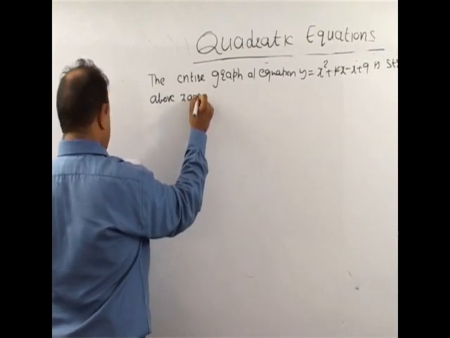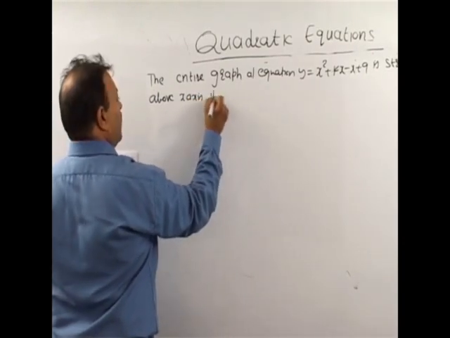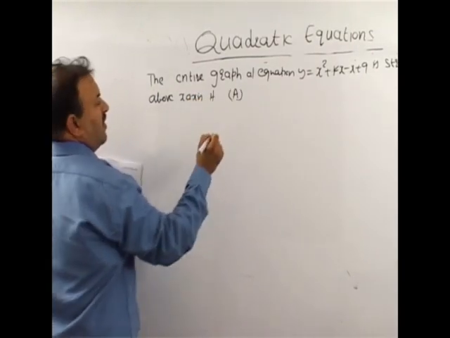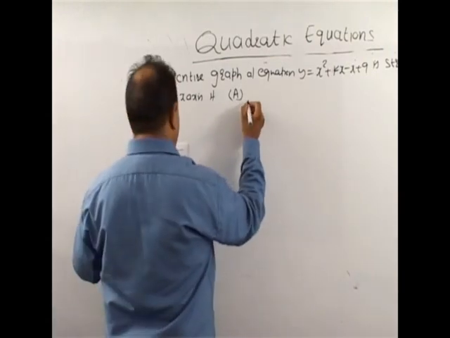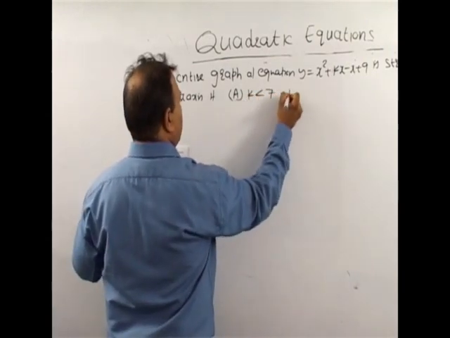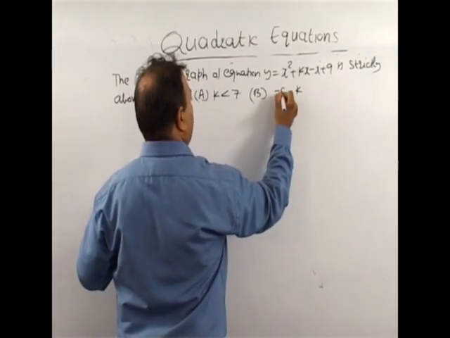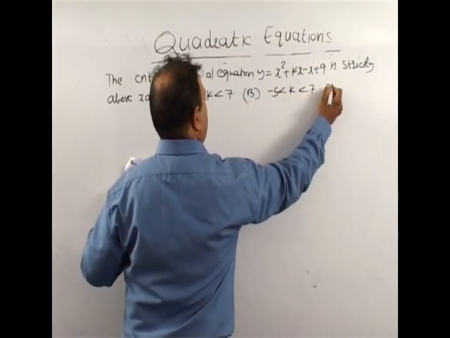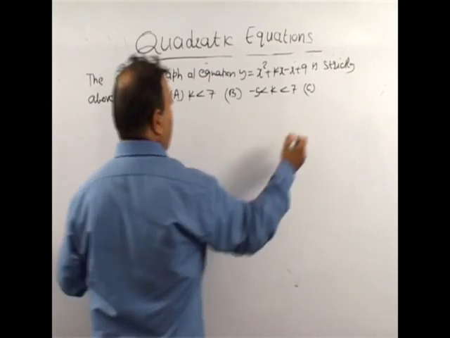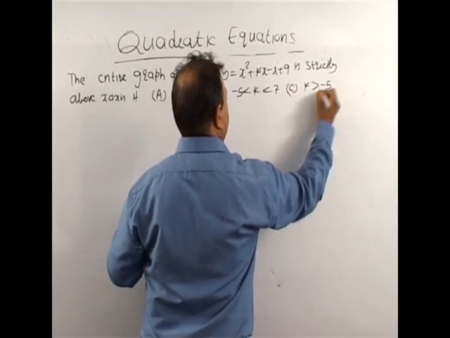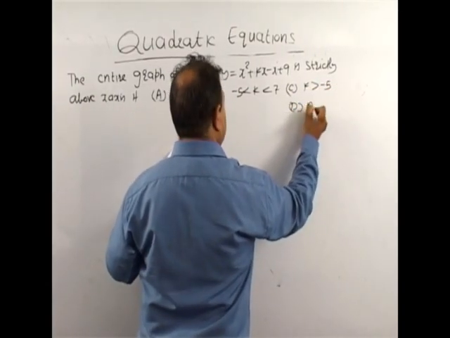Four options have been given: A option is k less than 7, B option is k lies between minus 5 and 7, the C option is k greater than minus 5, and the D option is none of these.